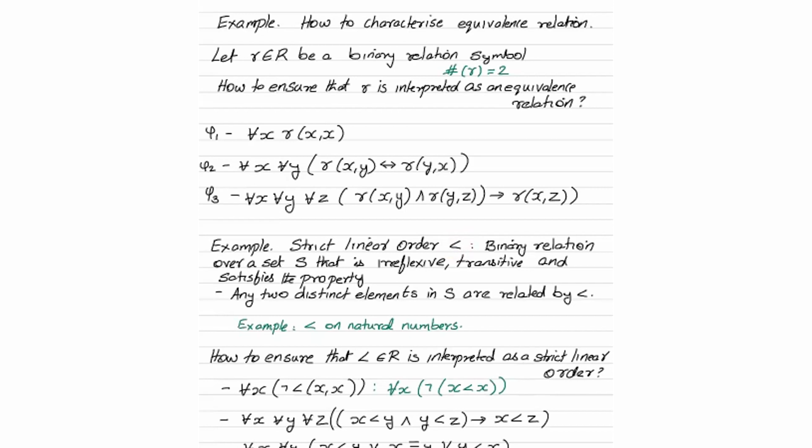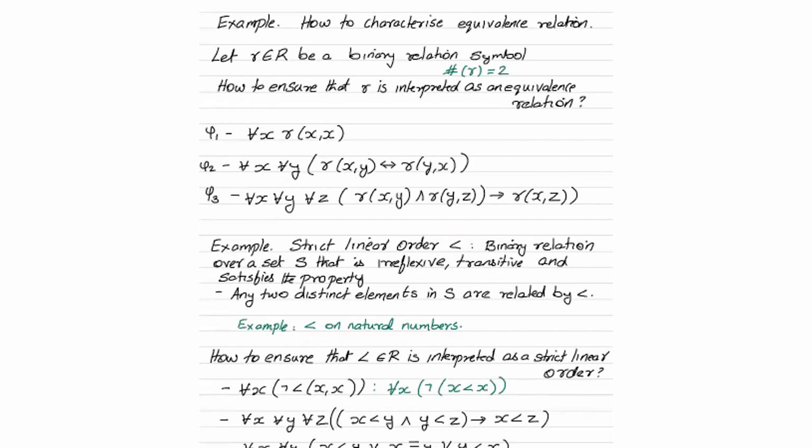For it to be a strict linear order, it's irreflexive, it has to be transitive, and it has to satisfy the property that you can compare any two elements in the set. A standard example of a strict linear order is the usual less than on natural numbers.